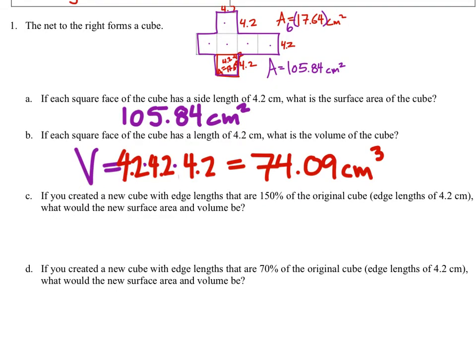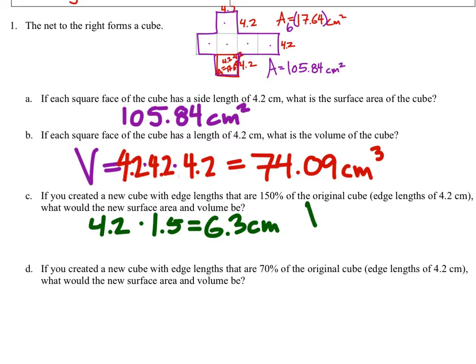If you created a new cube with edge lengths that are 150% of the original cube of 4.2 centimeters, what would the new surface area and volume be? Alright, so let's figure out what the new lengths would be. So it's 4.2, and it's 150% of that, which as a decimal is 1.5. So if I multiply these, this tells me the length of the new cube, which is bigger. So that gives us lengths of 6.3.